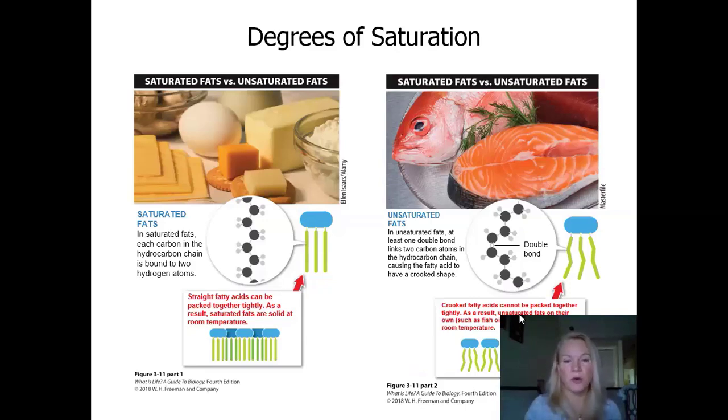Saturation, maybe you know that word, when something's filled to the capacity of something. So that just means that everywhere a hydrogen can bond with a carbon, it has done it. Okay, so it's saturated, and it makes for these very rigid, straight lines. Then you have unsaturated.